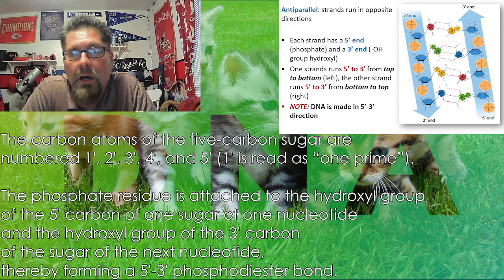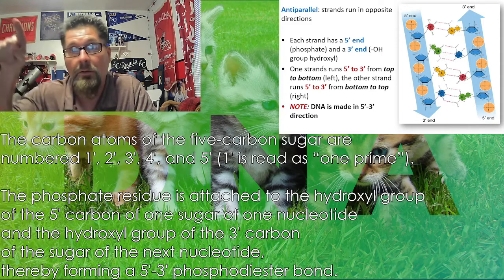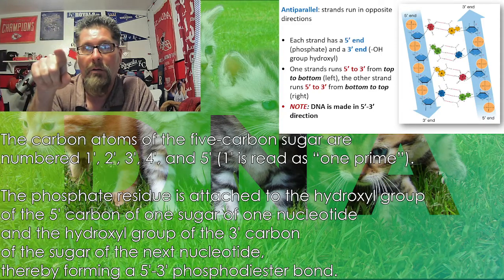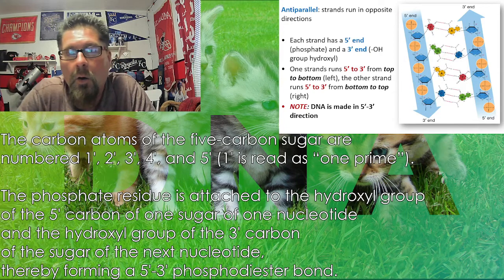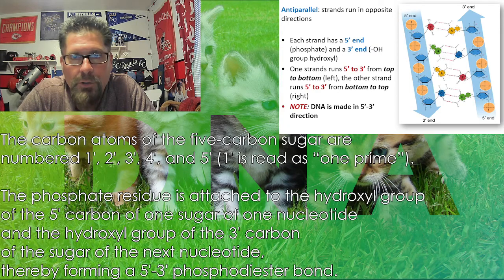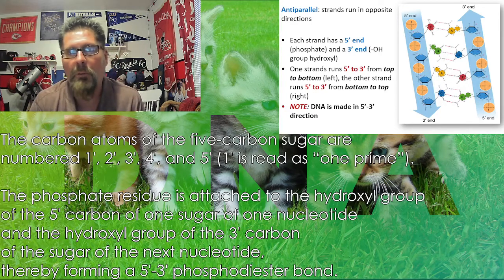And if you can imagine a 5-sided figure, kind of like a home plate, with the point pointing at the picture, the point on the right hand side at the top would be number 1, and in the bottom right corner would be number 2, and then go across to number 3, and then up the side to number 4, and then the point which would be pointing at the picture, that would be the 5th carbon.